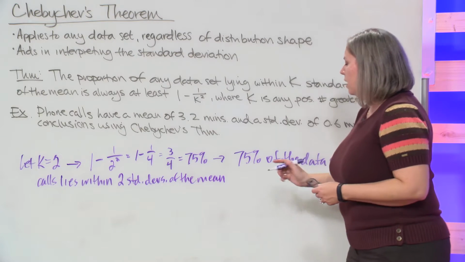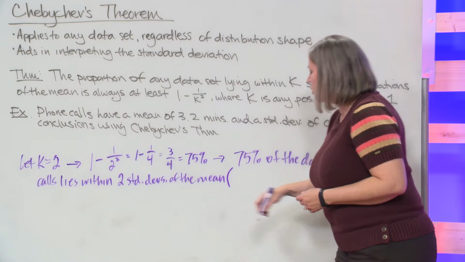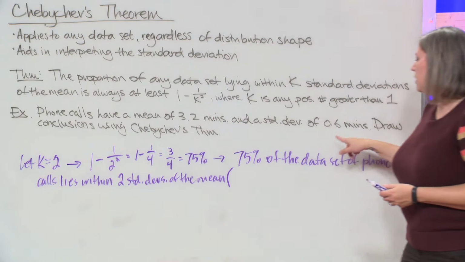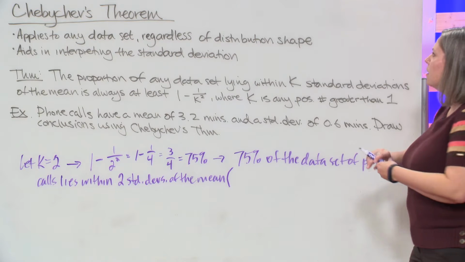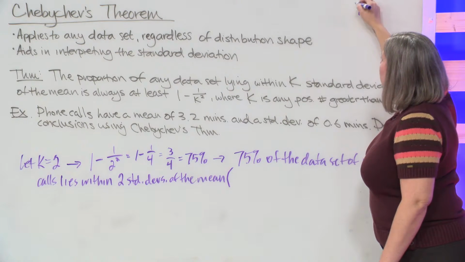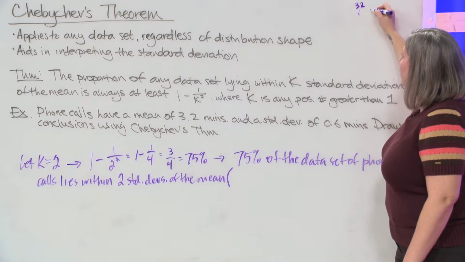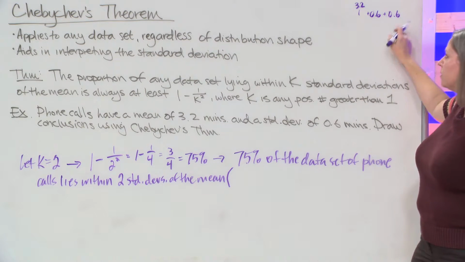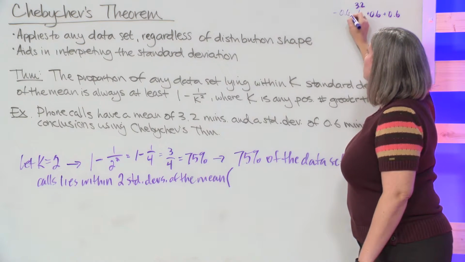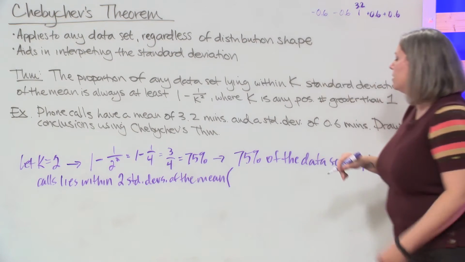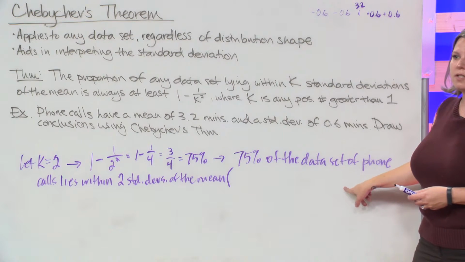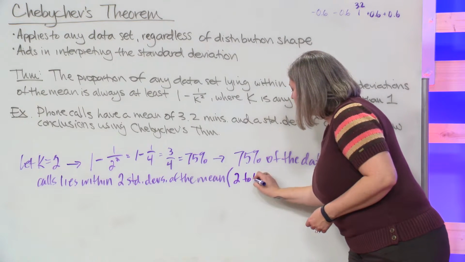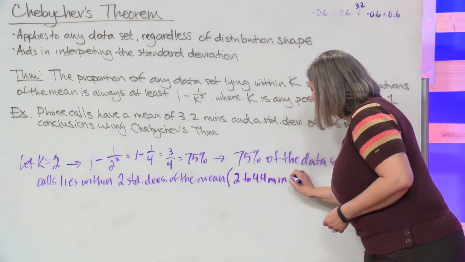So in this case, I can actually provide a little more information to help that make sense. I know that my mean is 3.2 and my standard deviation is 0.6. So if I were to take the 3.2 here in the center and add 0.6 and add 0.6, right, to get 2 standard deviations, and similarly subtract 0.6 and subtract 0.6, within 2 standard deviations of the mean in this example is anywhere from 2 to 4.4 minutes.